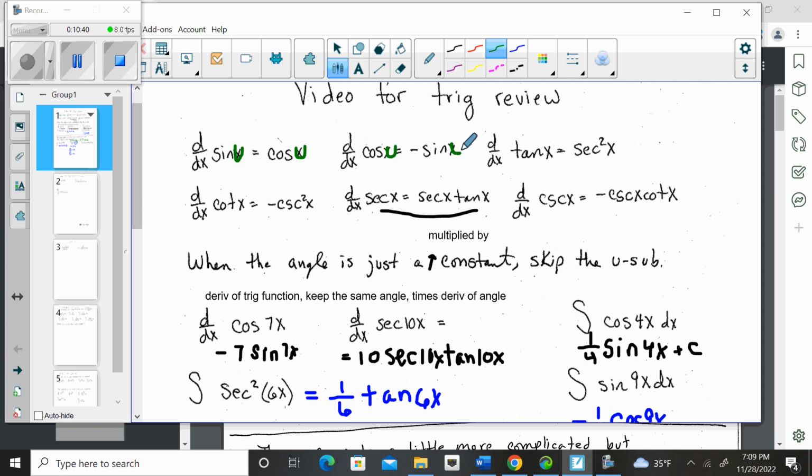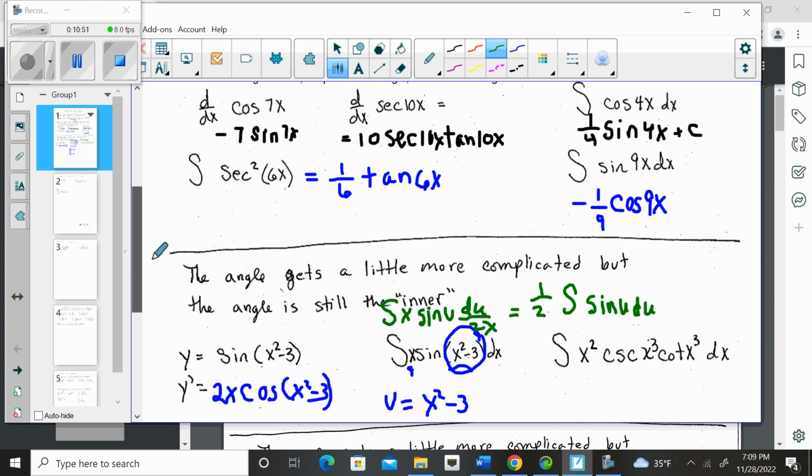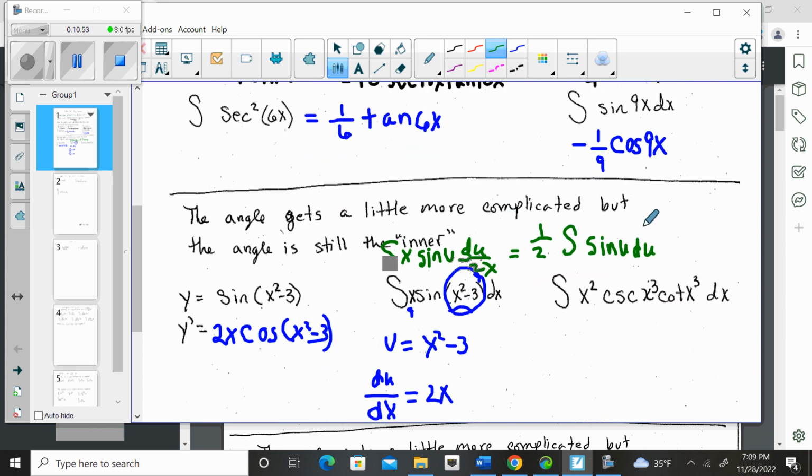So what function has sine as its derivative? Well, that would have to be negative cosine to get positive sine. Okay, so come back here and I get, sorry, my work is getting messy here. 1/2 negative cosine u.